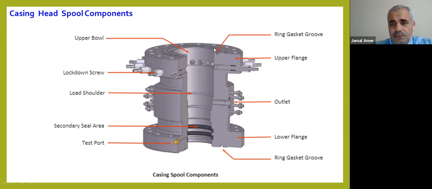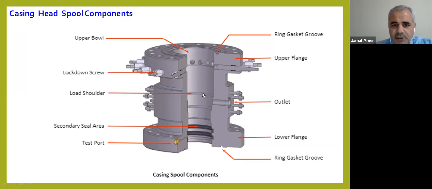We have here a gasket groove. We will talk about gaskets, rings and flanges. We call them API flanges, because it's not allowed to use other gaskets. The gasket will be installed here.